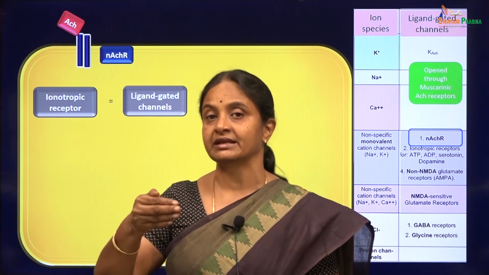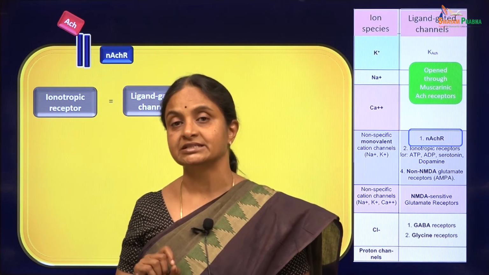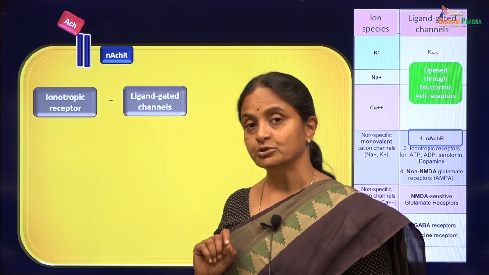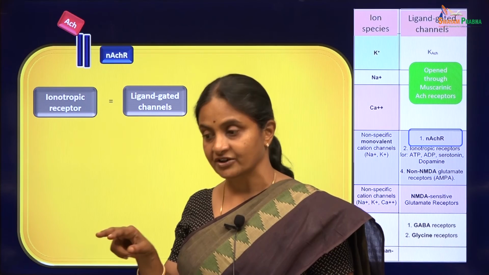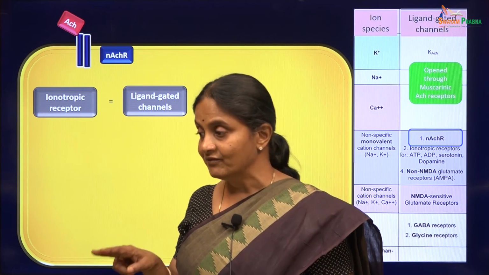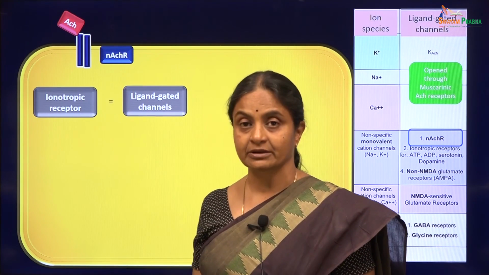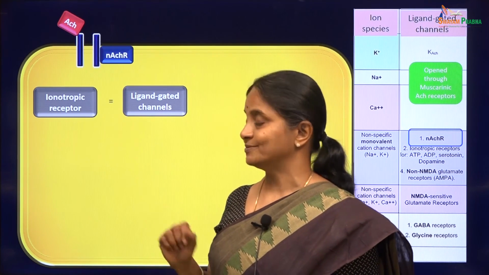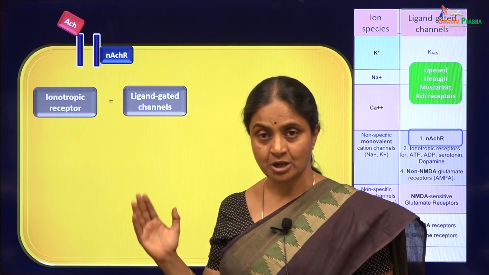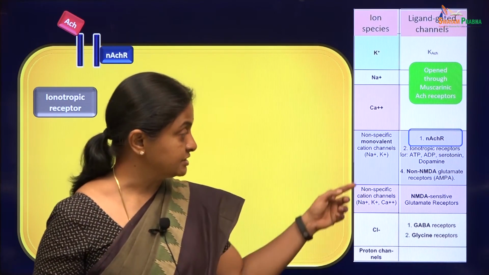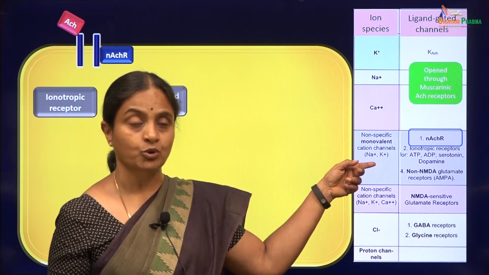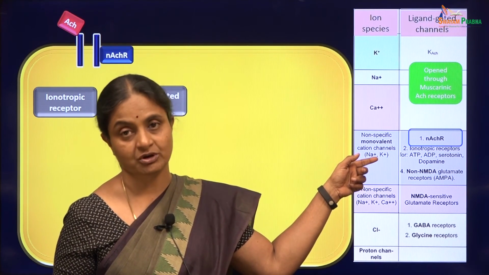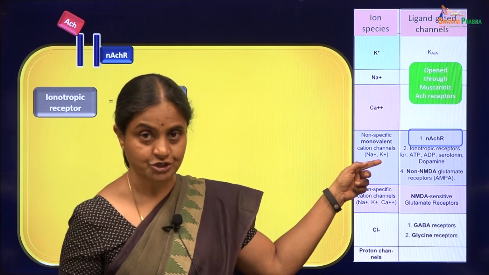The muscle membrane in that region is where the nicotinic acetylcholine receptors are located. Acetylcholine is the neurotransmitter released by the motor nerve onto the muscle cell membrane. Then it binds to the nicotinic acetylcholine receptor. That receptor itself is a channel. It opens up, permitting ion movement. You notice that it is a non-specific monovalent cation channel which permits both sodium and potassium to go across. We will come back to that shortly.